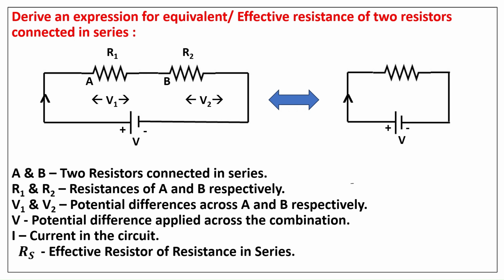V1 and V2 are potential differences across A and B respectively. V is the potential difference applied across the combination. I is the current in the circuit. In series combination, current remains the same. Rs is the effective resistance in series.